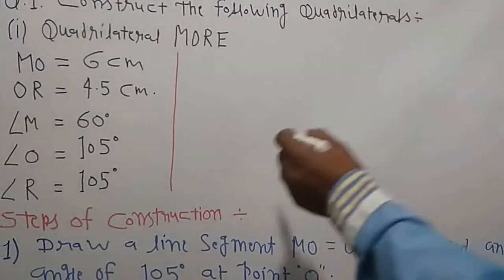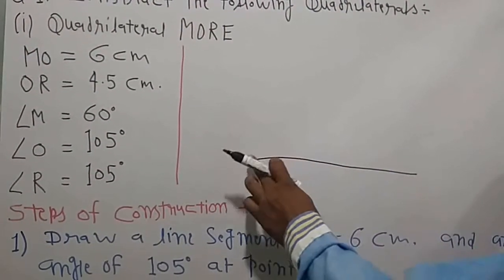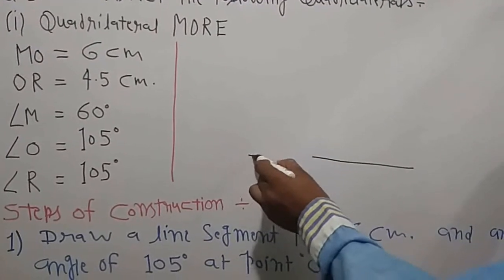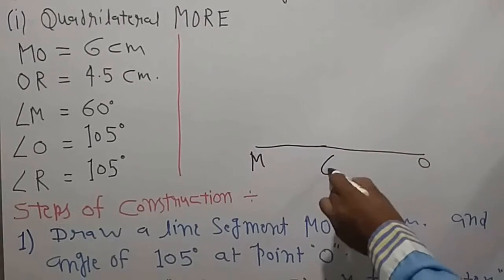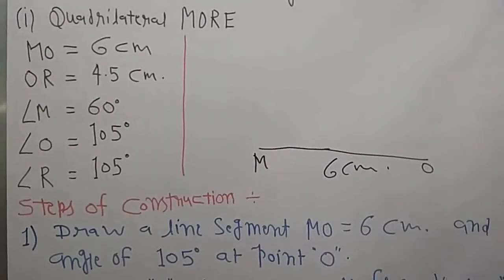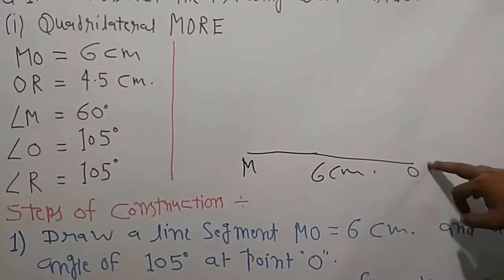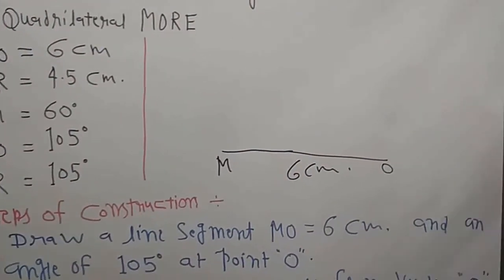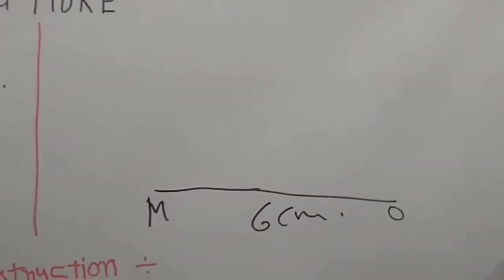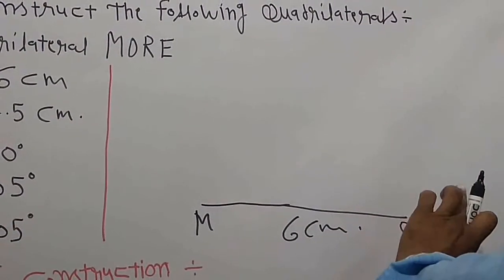So first we are going to draw MO equal to 6 centimeter and an angle of 105 degree at point O. This is O, and from this point we are going to draw the angle of 105 degree with the help of rounder.